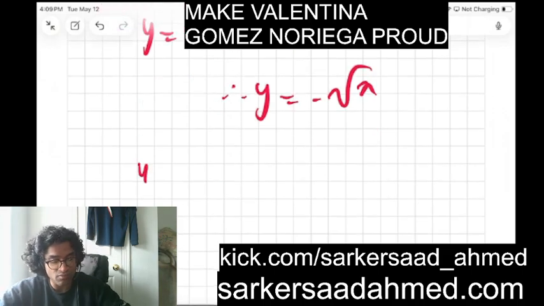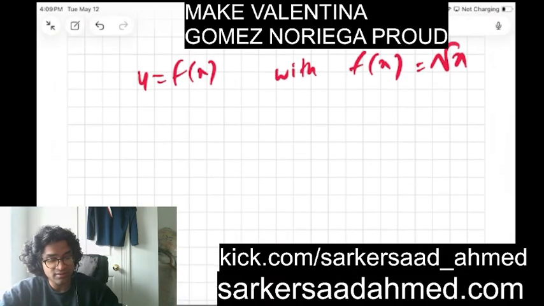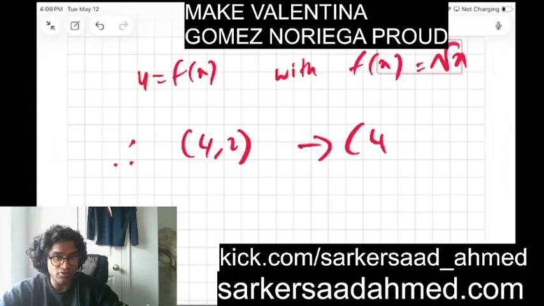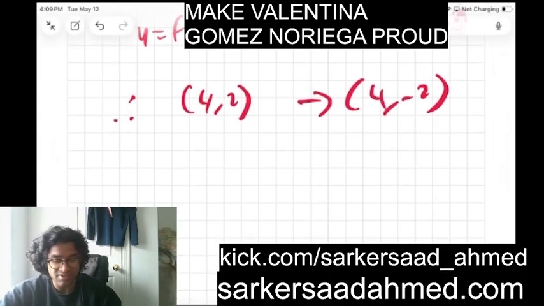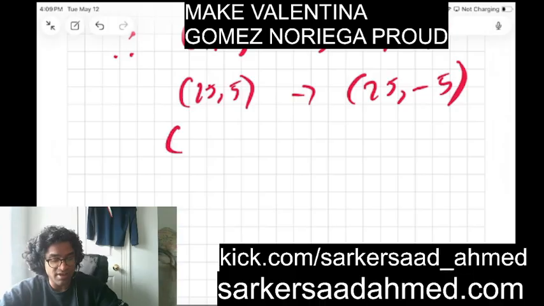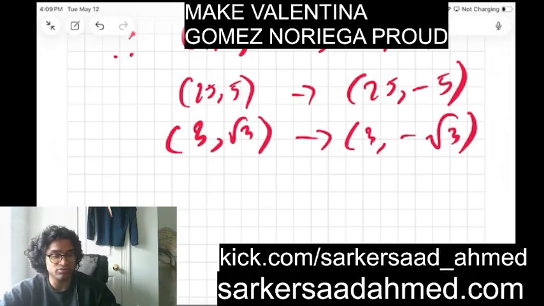If I have y equals f of x, with f of x being root x, and I have (4, 2), now it's going to transform to (4, minus 2). If I have (25, 5), I'm going to have (25, minus 5). If I have (3, root 3), I'm going to have (3, minus root 3).